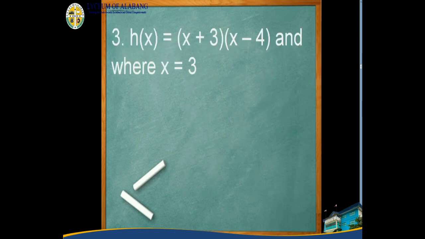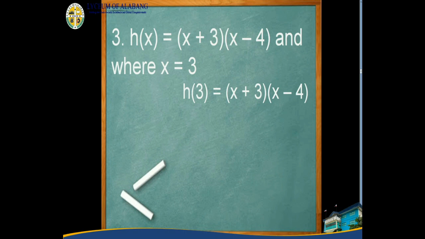Number 3. Evaluate the function h of x is equal to x plus 3 multiplied to x minus 4 and where x is equal to 3. H of 3 is equal to x plus 3 times x minus 4.